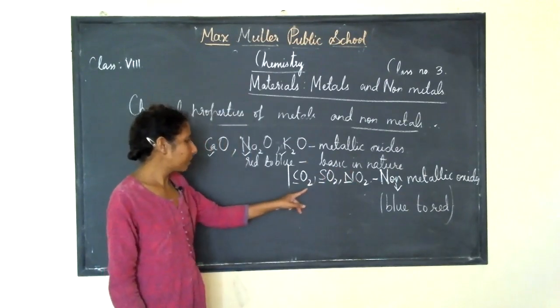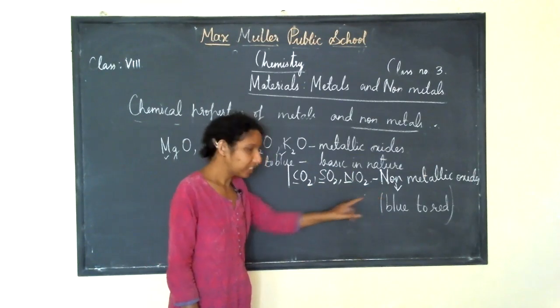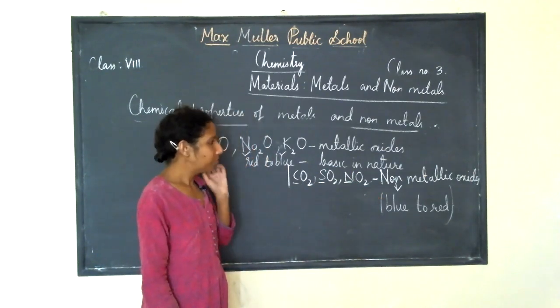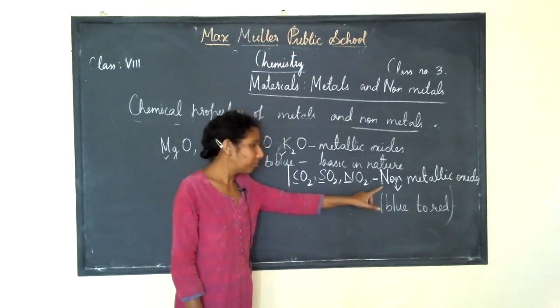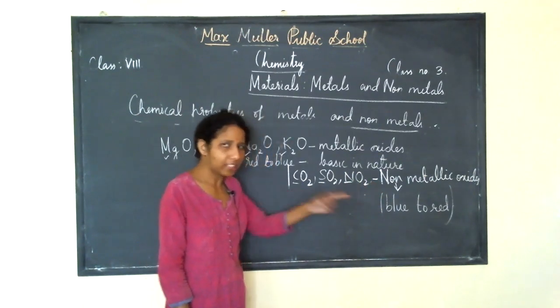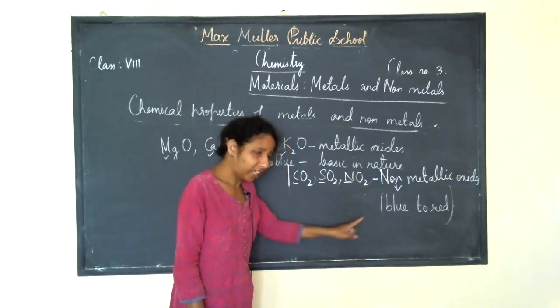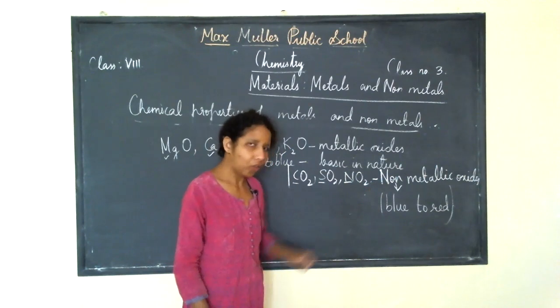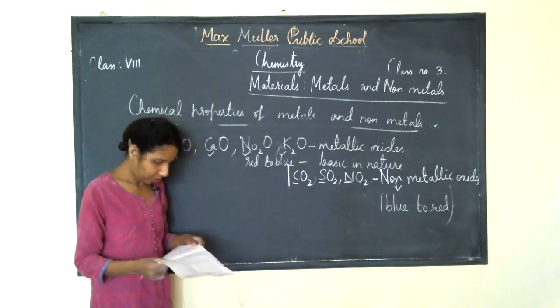Whereas carbon dioxide, sulfur dioxide and nitrogen dioxide are non-metallic oxides, which when dissolved in water turn blue litmus to red, indicating non-metallic oxides are acidic in nature.